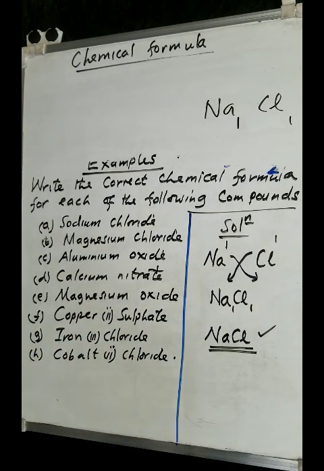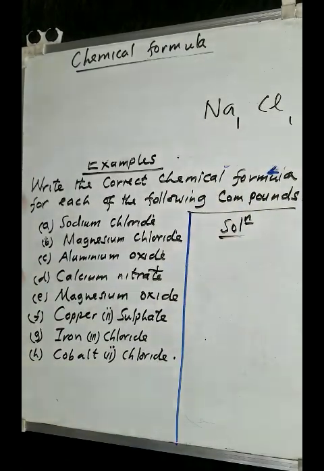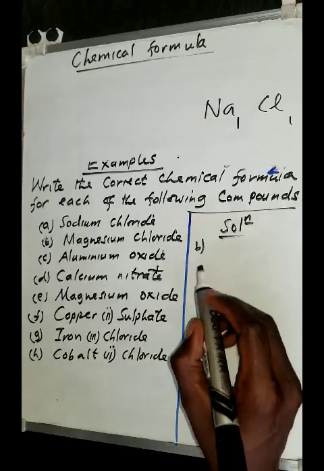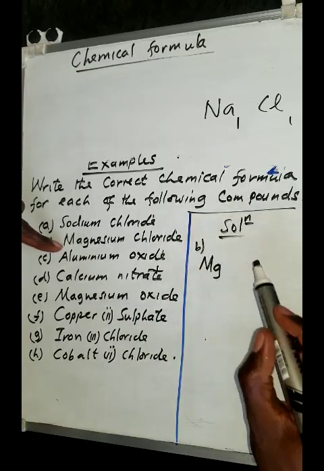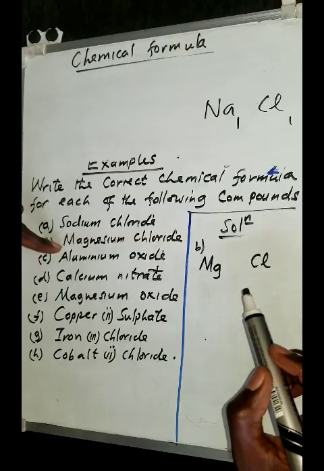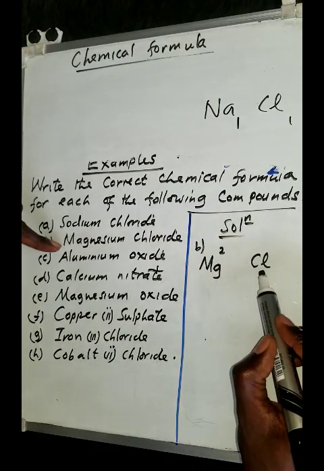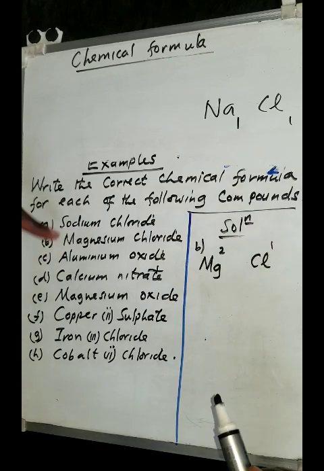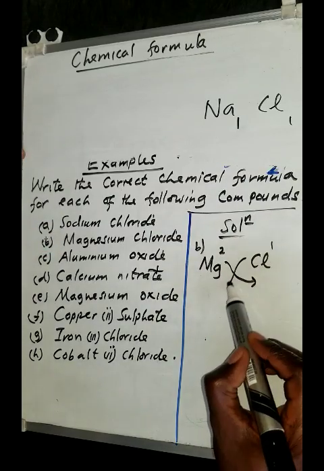Let's go to magnesium chloride, the B part. The correct symbol for magnesium, which is an element, is Mg, and for chlorine Cl. Magnesium is found in group 2, therefore it has a valence of 2. Chlorine is in group 7, therefore it has a valence of 1. So you exchange or swap the valences.